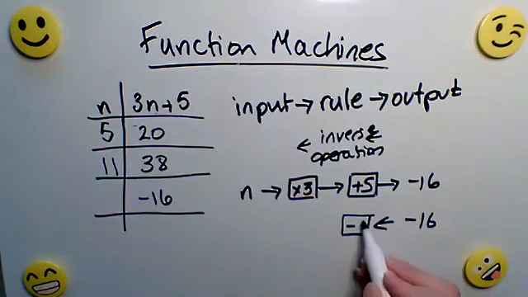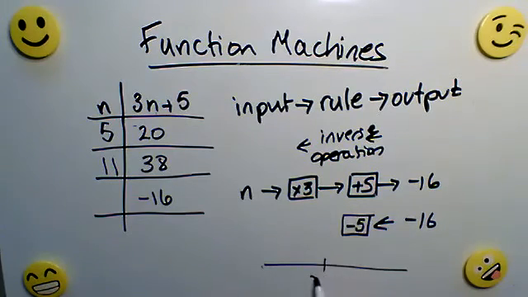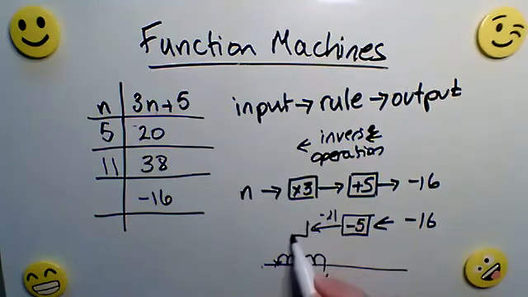So I'm going to take 5 away. So I'm going to get 5 smaller than negative 16. So if I was at negative 16, I'm going to go this way. 1, 2, 3, 4, 5 jumps. So negative 16, negative 17, negative 18, negative 19, negative 20, negative 21. So that will get me to negative 21.